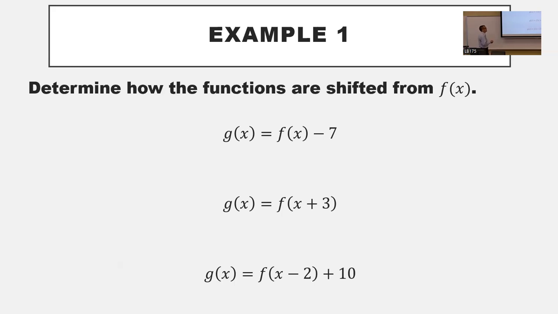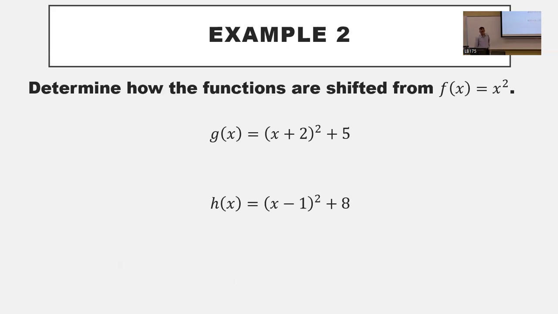So I can determine shifts by not even knowing what the original function is. You can also take one of our base functions, or in other words, one of the toolkit functions, like f of x is equal to x squared, which is the one I obviously chose to do, and say, well, let's look at these particular functions, how they're shifted from the base function, f of x equals x squared.